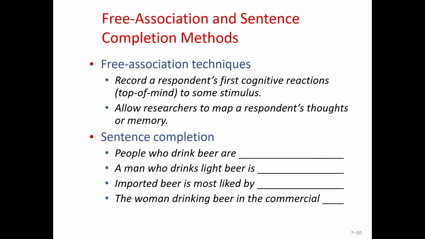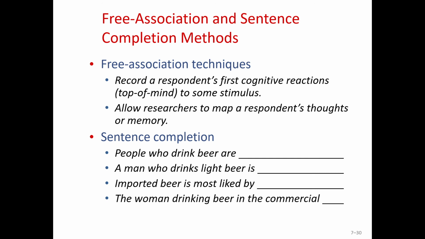So these free association techniques allow the researchers to map a respondent's thoughts or memory. The sentence completion method is based on free association principles, and respondents simply are required to complete a few partial sentences with the first word or phrase that comes into their mind.